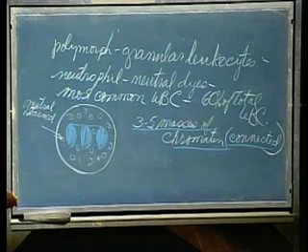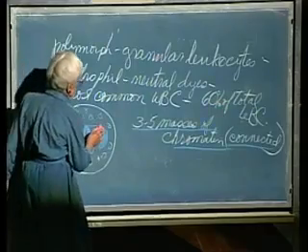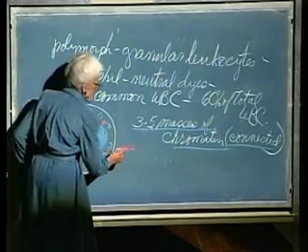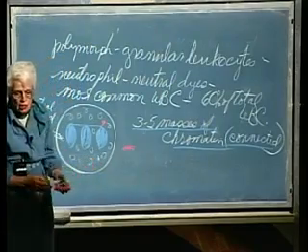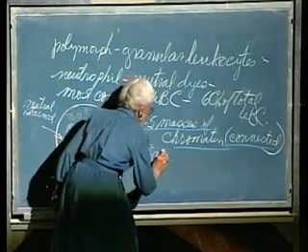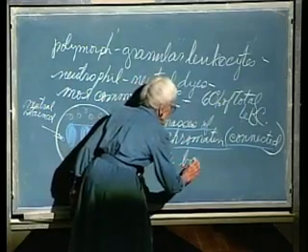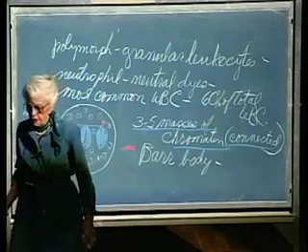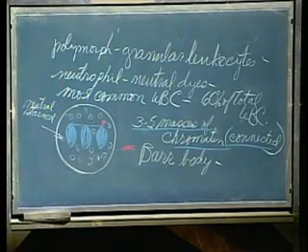And what do we see attached to the female chromatin? A little body here. This is called a bar body. It's seen only in the female. Bar body. What does it represent? It represents an inactive chromosome.